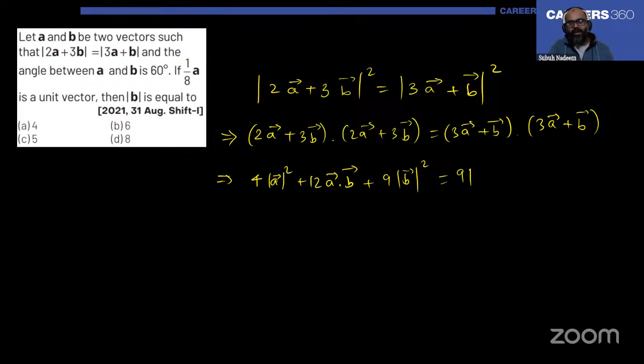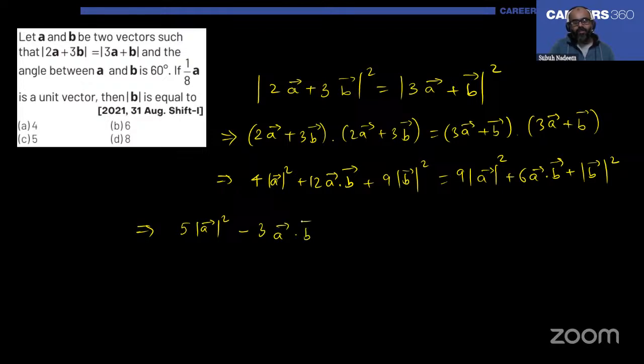This will become 9 mod A square plus 3AB plus 3AB is 6 A dot B, and then plus mod B square. So what we are getting is 9 mod A square minus 4 mod A square, that is 5 mod A square, 6AB minus 12AB, that is minus 6 A dot B.